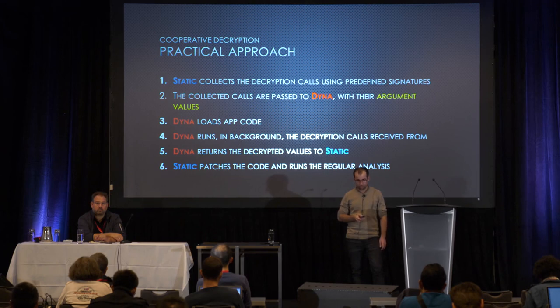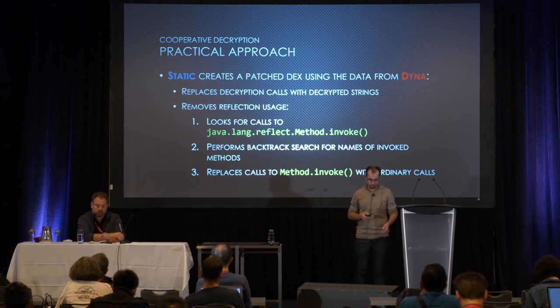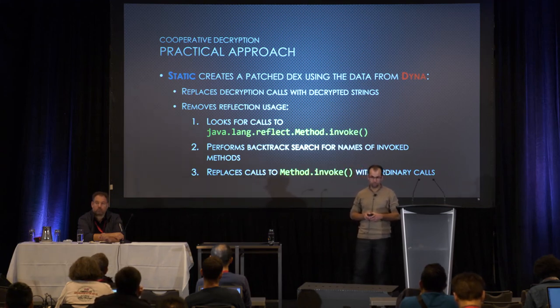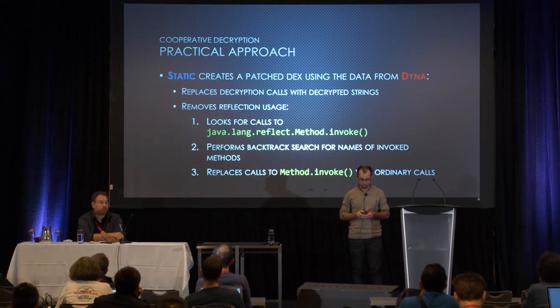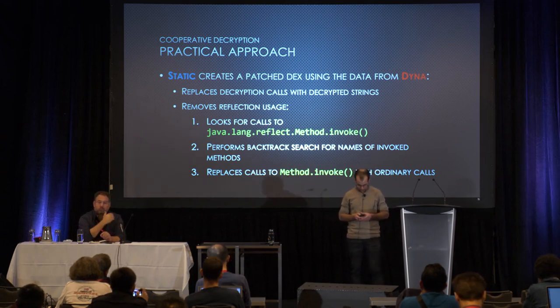And then static analysis can use the values of the decrypted strings to patch the code. What do I mean by patching the code? First, we just replace the function calls to decryption with the values of the decrypted strings. But if we also want to deal with the problem of function calls by reflection, we want to change these into ordinary function calls that static analysis knows how to follow.